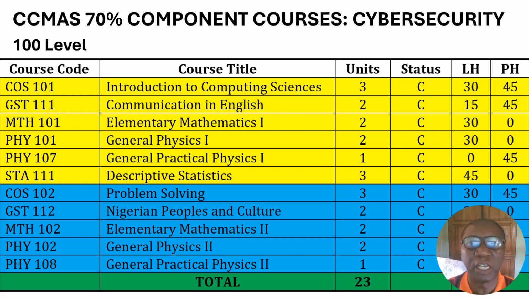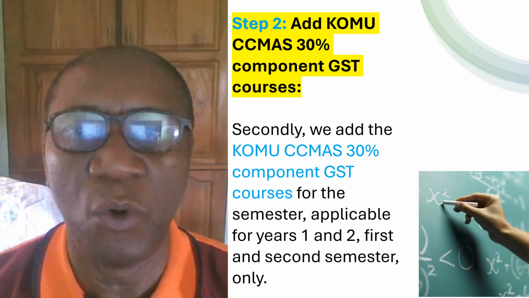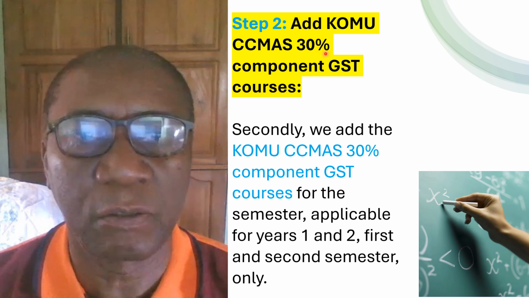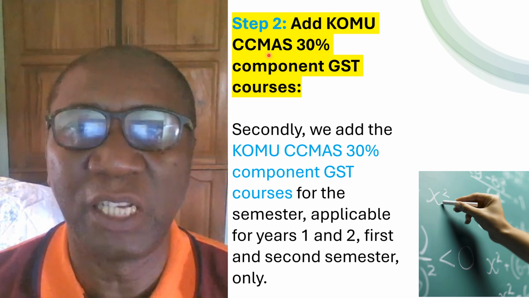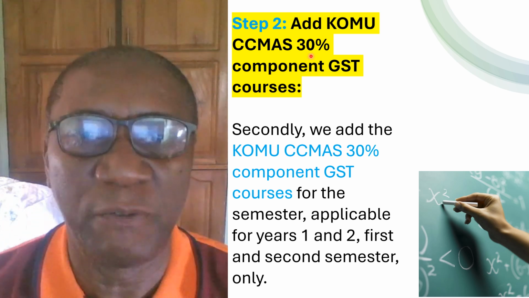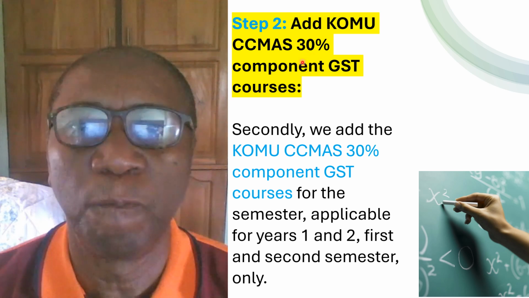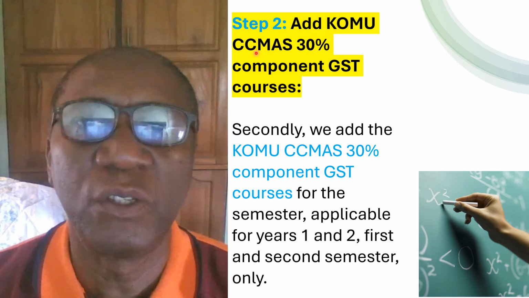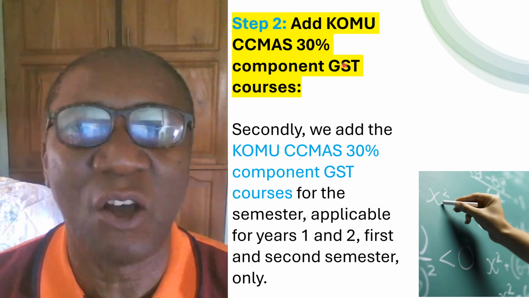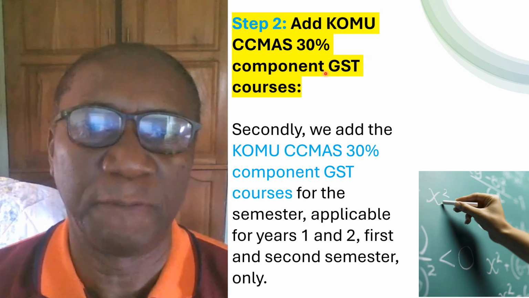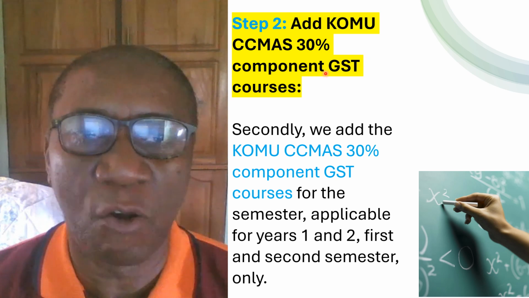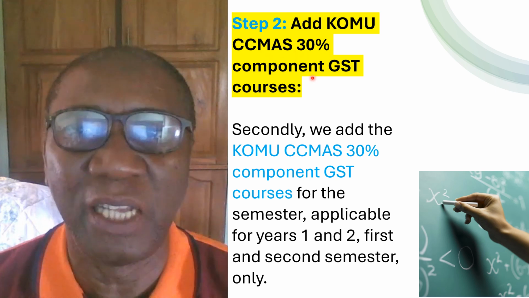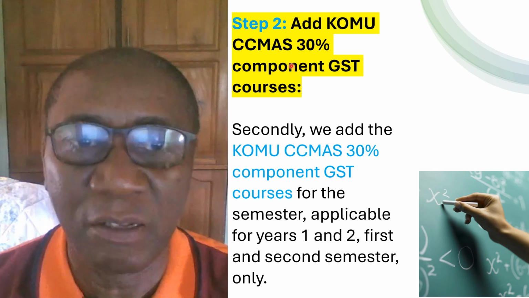Now, what is the second step for us here in KOMU? After arranging the first and second semester courses from the 70% component, the second thing you have to do for us here at KOMU is to now add the KOMU CCMAS 30% component of the GST courses. Because the GST courses are compulsory, and we have developed our own 30% GST courses. They are compulsory, they are not elective courses.